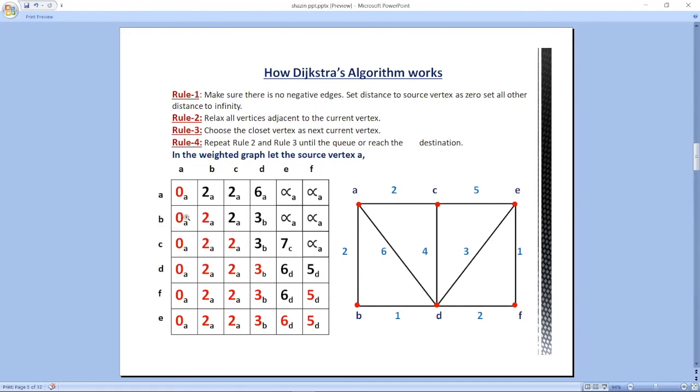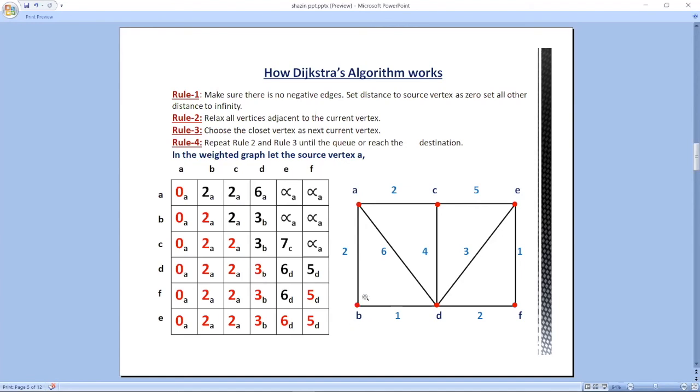I already wrote down the visited part, and 2 is already visited because from B to B there is no distance. But why 2 from A? Because we have already traveled.